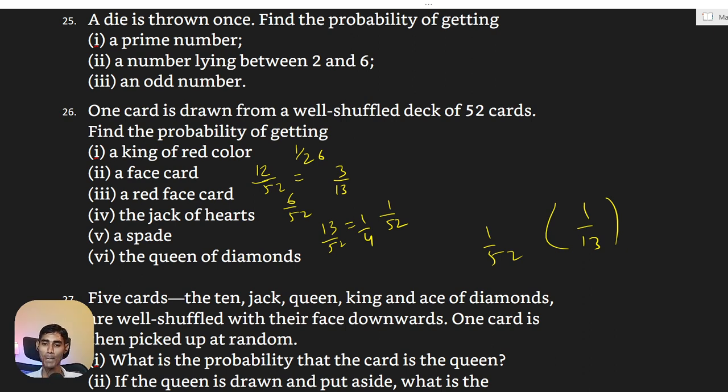Are you saying this because there are only 13 diamonds? They have specified it's the queen of diamonds. So because there are 13 diamonds, there will only be one queen out of those 13 diamonds. But they've also written that one card is drawn from a well shuffled deck of 52 cards. So there will be 52 cards. You got it.